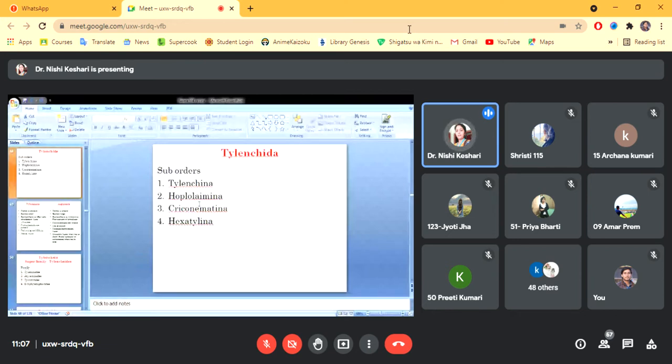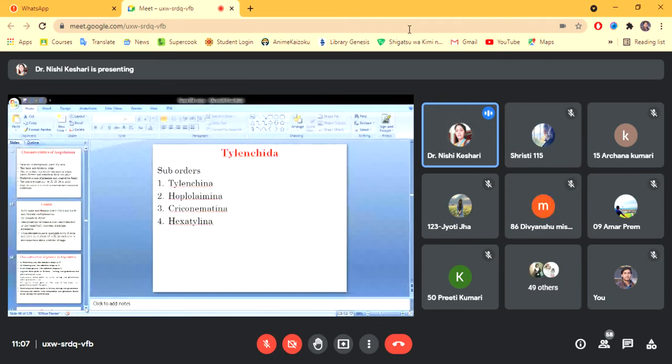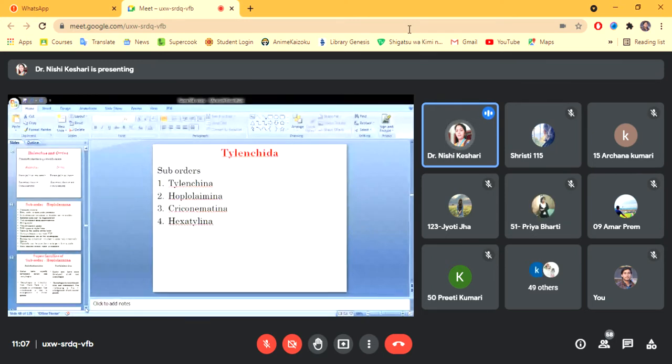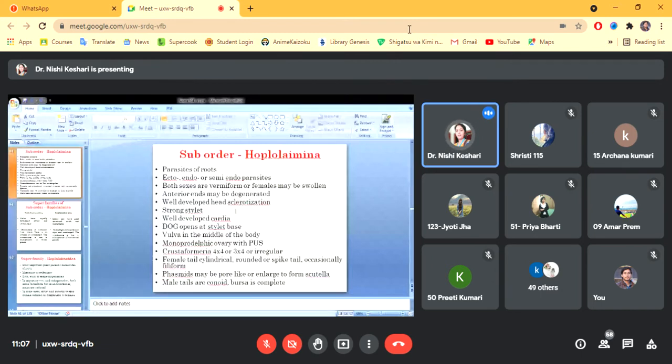In Hoplolemina, the nematodes have very strong stylet knobs. This is a very peculiar character of Hoplolemina. They are parasites of roots. They may be ectoparasites, some are endoparasites, or some are semi-endoparasites. Semi-endoparasites means half of the body remains inside, and two-thirds of the body remains outside, one-third inside, like citrus nematodes and reniform nematodes.